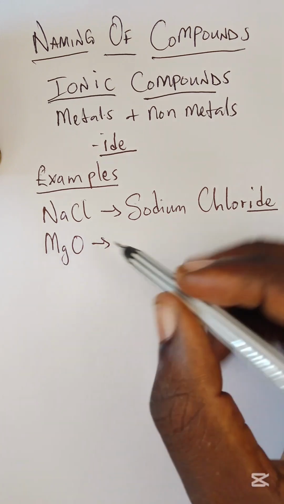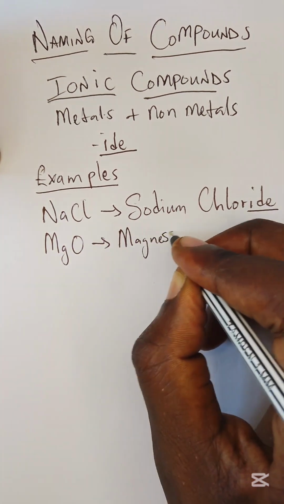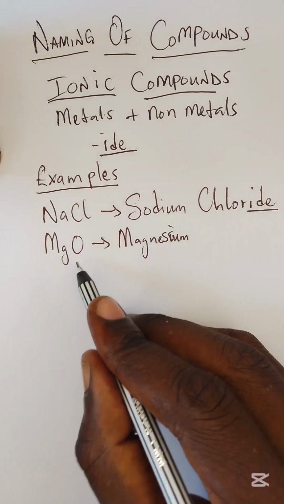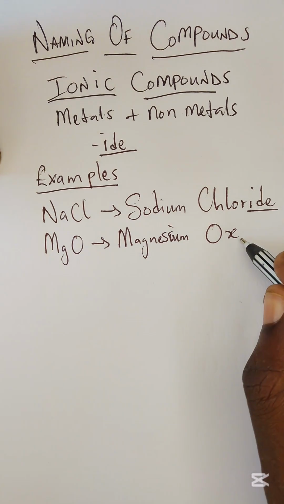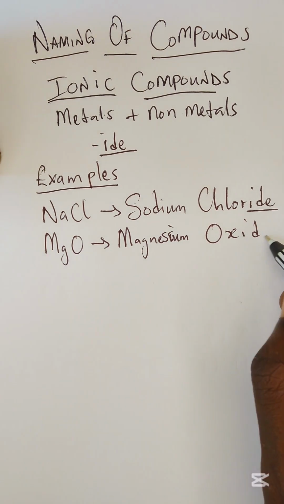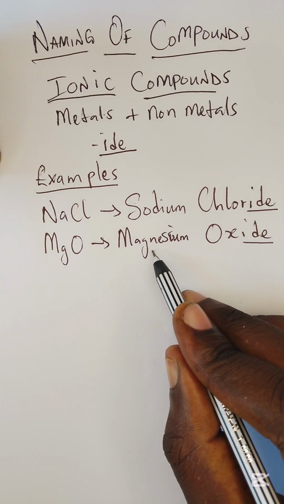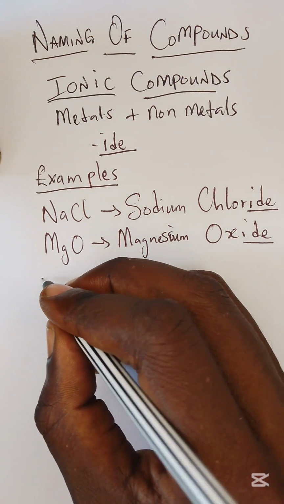This is a metal. We write magnesium, and then this is a non-metal, and then we add IDE at the end. So this is magnesium oxide. Other example.